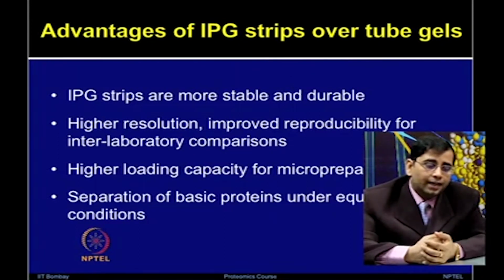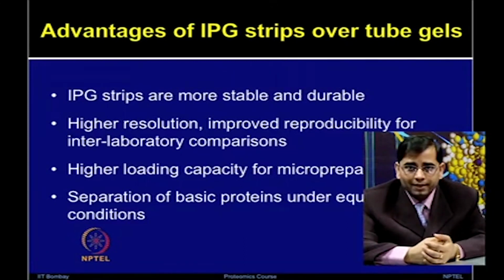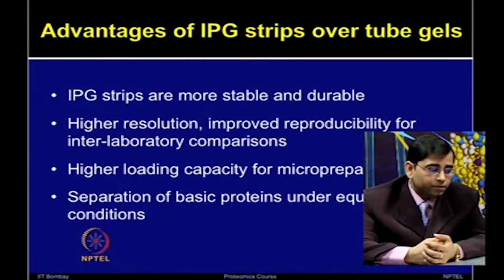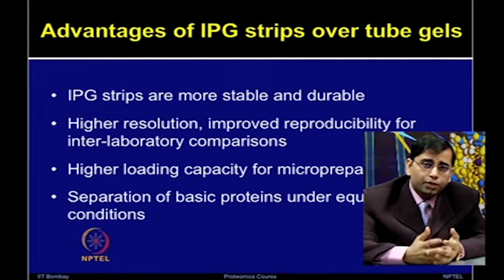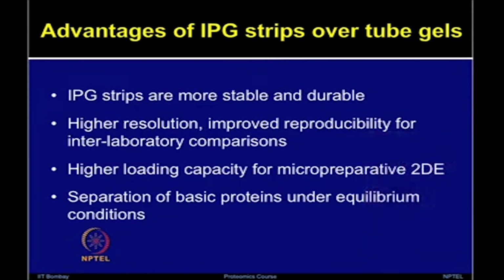They provide higher resolution and much better reproducibility for inter or intra laboratory comparison. The higher loading capacity for micropreparative two-dimensional electrophoresis is another advantage. Then the separation of basic proteins under equilibrium conditions. All of these are different advantages of using IPG strips over tube gels.